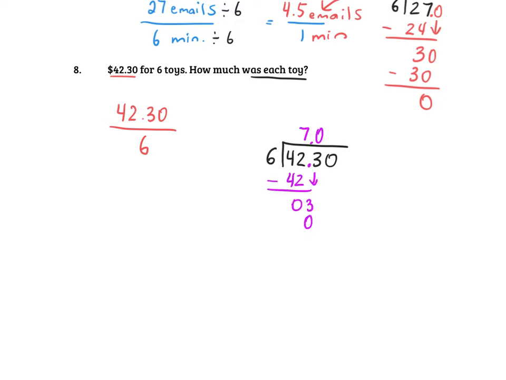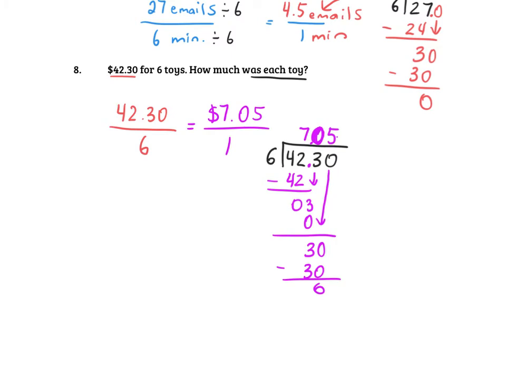When you're doing your division here, I couldn't do 6 into 3, so I put a 0 on top. Now I can subtract, get 3, bring this 0 down. So don't forget, if you didn't have that 0 in there, that's why. And then 6 goes into 35 times. So each toy was $7.05. Don't forget that dollar sign when you're working with money.